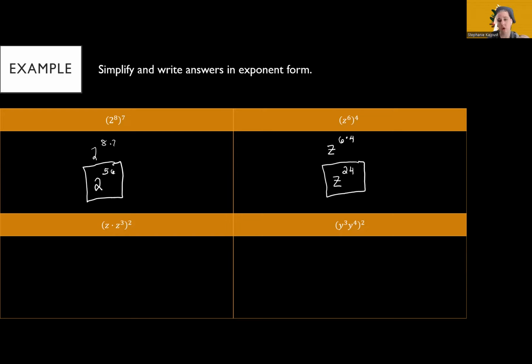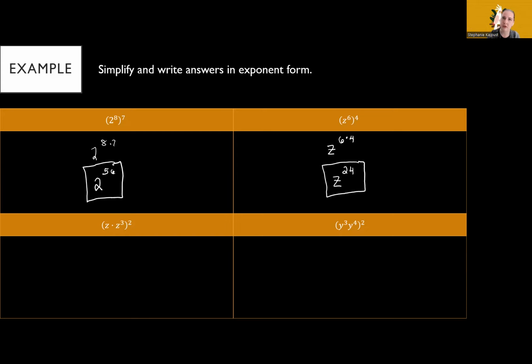We need to follow the order of operations. Order of operations says P, parentheses, comes first. This means we need to simplify what's inside the parentheses before we deal with the exponent on the outside. So we have z times z cubed.